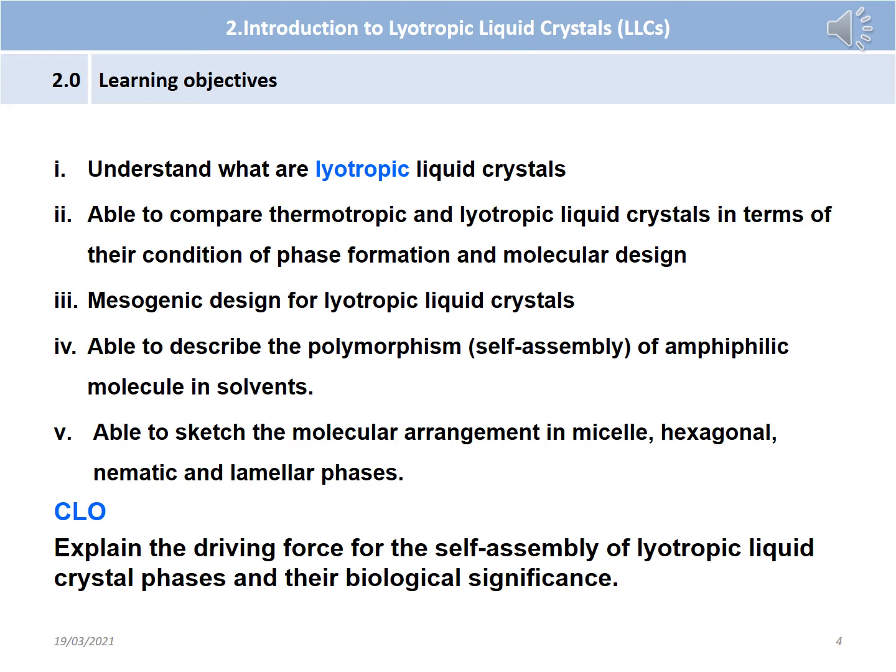These learning objectives are only part of the course learning outcome, CLO: explain the driving force for the self-assembly of lyotropic liquid crystal phases and their biological significance, the first CLO for my part.